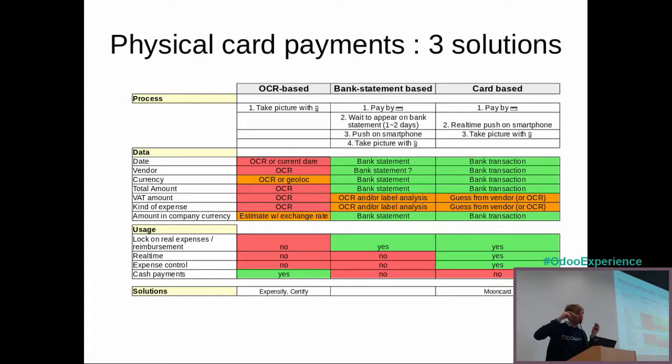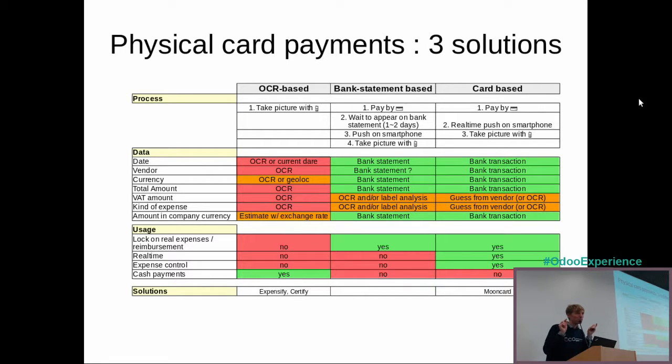As there is a systematic pre-authorization, there's a transaction for authorization for the card, which is intercepted by Mooncard and pushed in real time to my smartphone. In the raw bank transaction, there is a lot of information, much more than on the bank statement. You have, of course, the dates, the amount, etc. But you also have the vendor and the activity of the vendor.